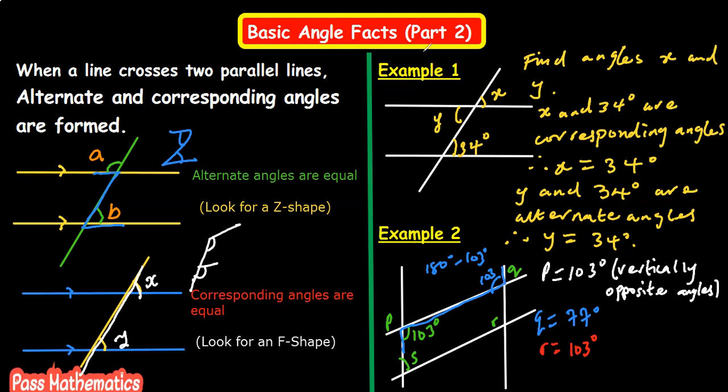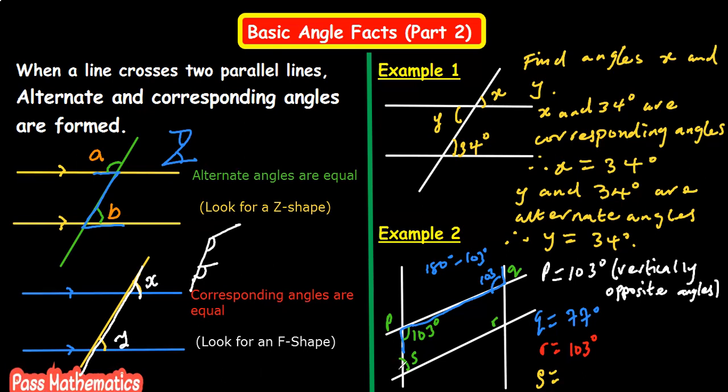And then the last angle that we are going to find is S. So angle S. Let's look at this angle S. How do we find angle S here? So we have another alternate angle here. So here, this angle is 103 degrees because it's an alternate angle.